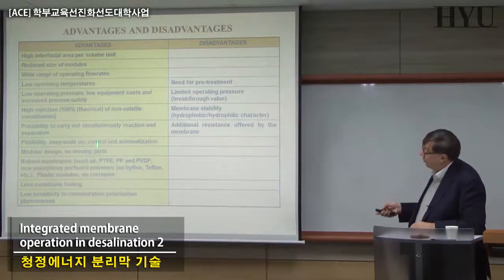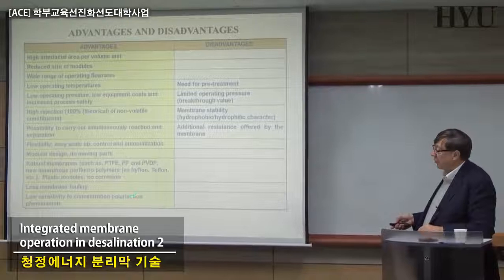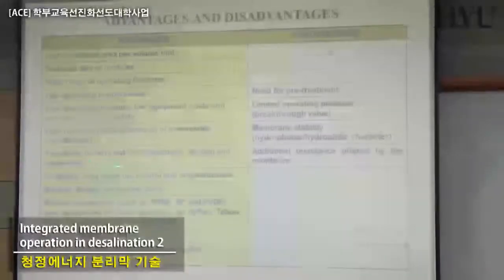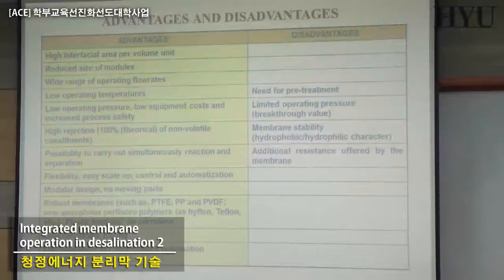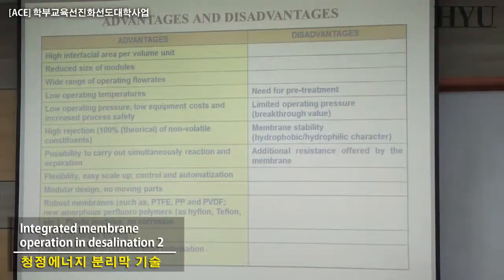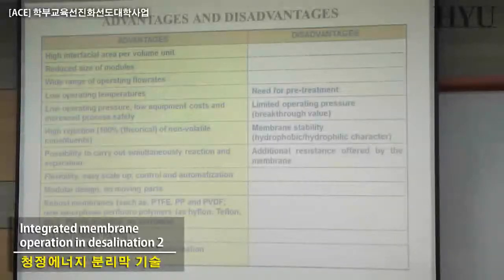And this is quite interesting, and you can go through: sensitivity to concentration polarization phenomena is relatively low, and you can also in this case combine. Remember that when we have been discussing, I mentioned already that membrane reactors initially were just biological reactors plus ultrafiltration.